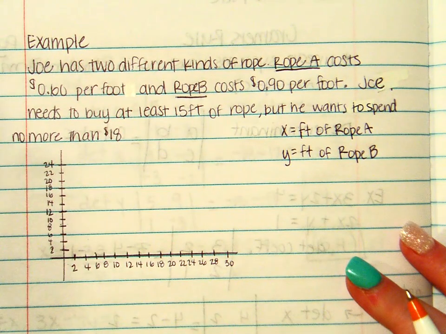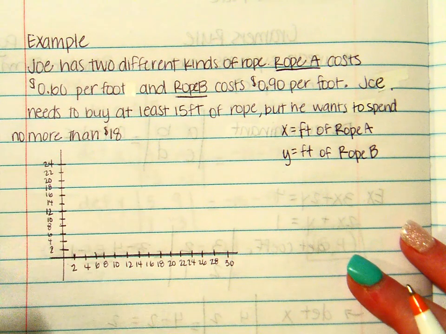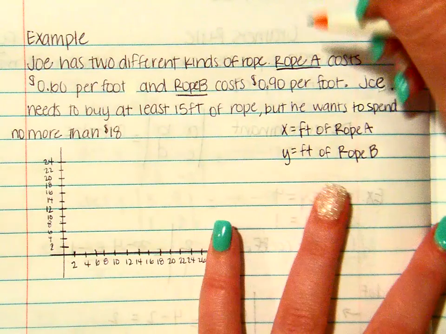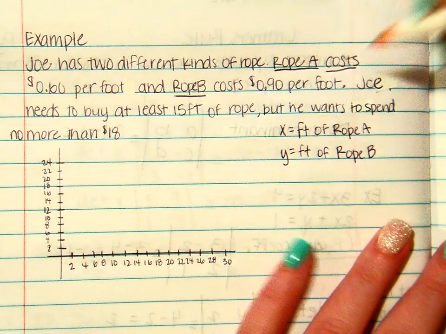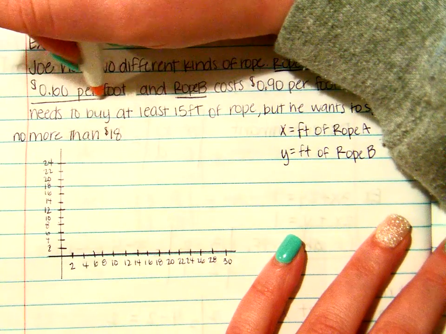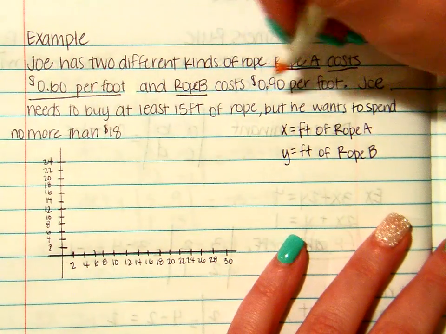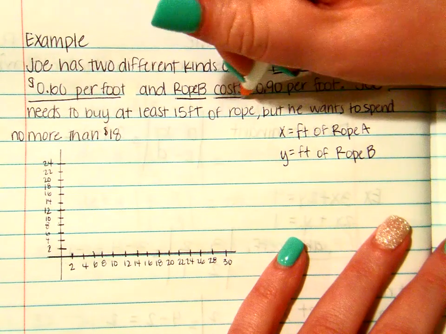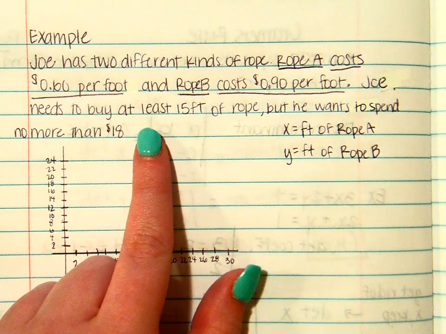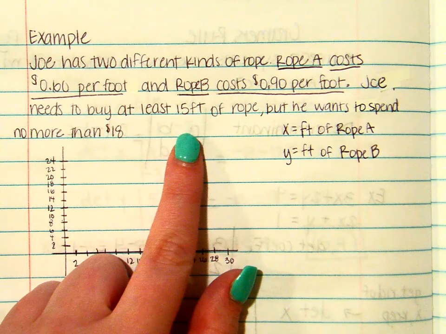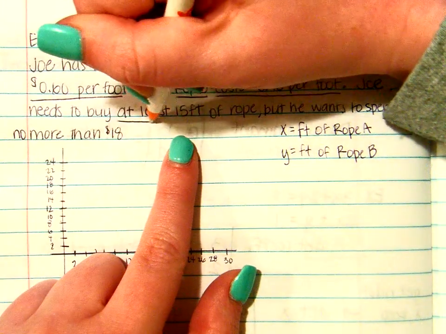Okay, now let's think about all the different things that we have here. We have that rope A is going to cost 60 cents per foot, and rope B is going to cost 90 cents per foot. And then we also have this information: he needs to buy at least 15 feet of rope.